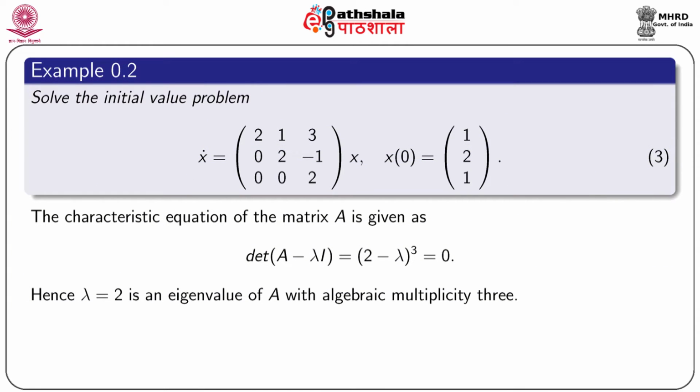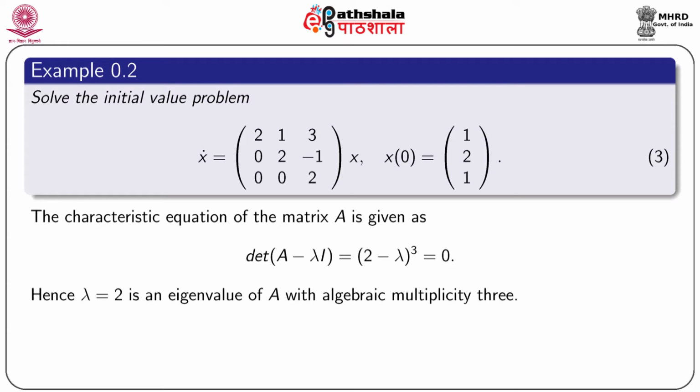In this initial value problem, we have the equation dx/dt equal to Ax, where A is the matrix [2 1 3; 0 2 -1; 0 0 2] with the initial condition x(0) equal to [1 2 1], given by equation number 3.